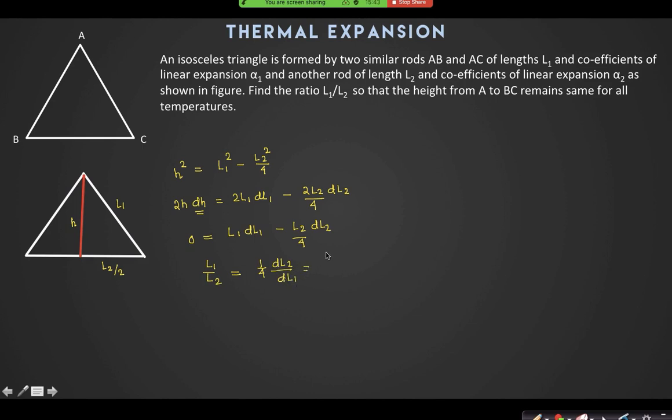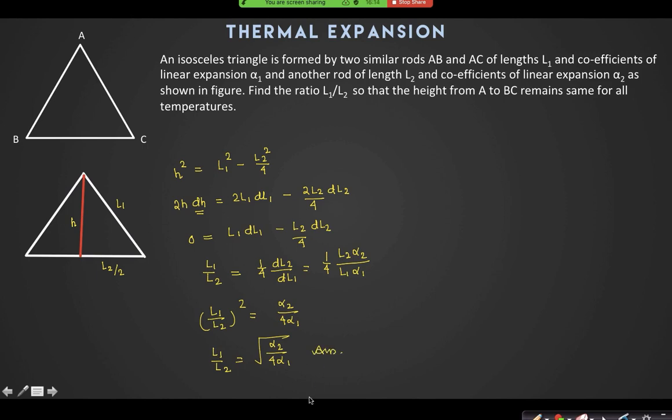Now dL2 is L2 alpha 2 and dL1 is L1 alpha 1. So if I take L1 L2 again here, L1 by L2 whole square you will get as alpha 2 by 4 alpha 1. So L1 by L2 is root under alpha 2 by 4 alpha 1.